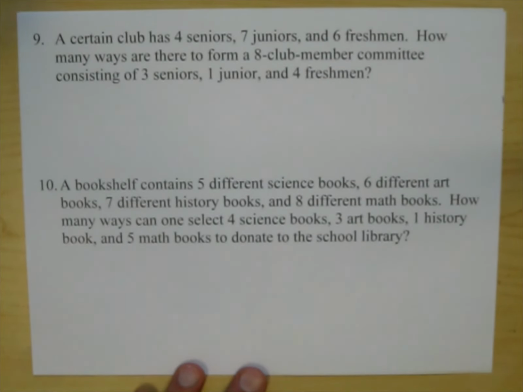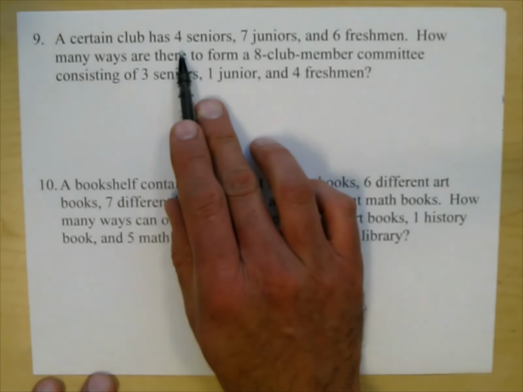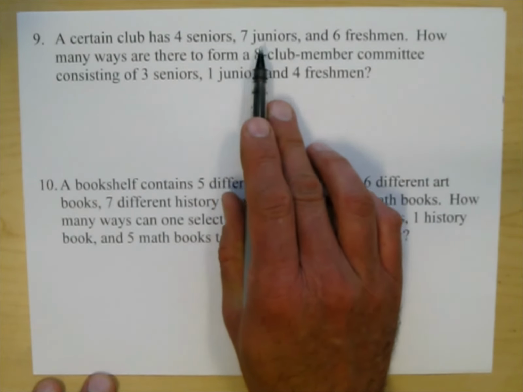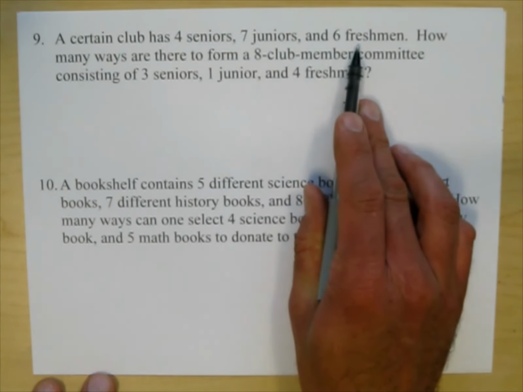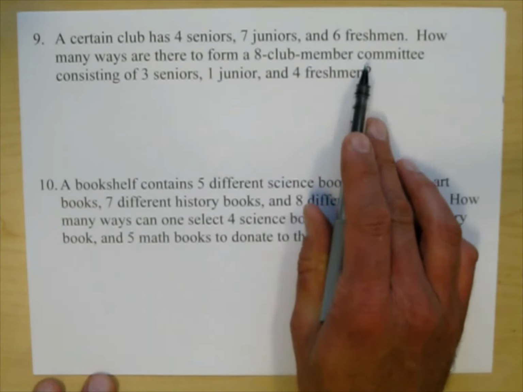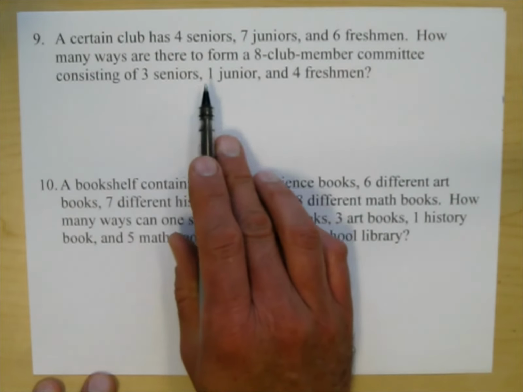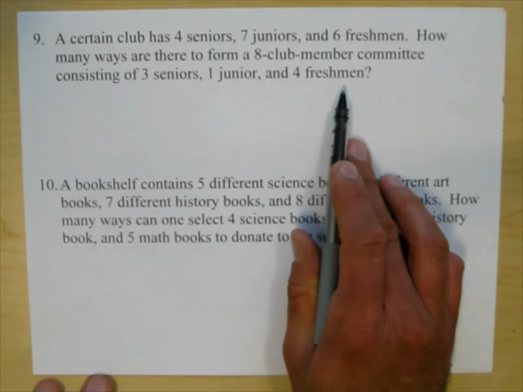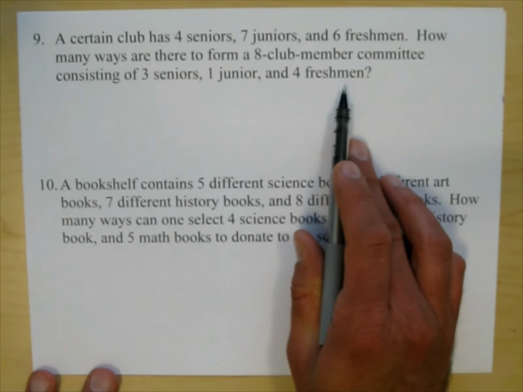Okay, some more problems here. A certain club has 4 seniors, 7 juniors, 6 freshmen. How many ways are there to form an 8 club member committee consisting of 3 seniors, 1 junior, 4 freshmen? Now, in the last 2 problems, people were partitioned into 2 groups.